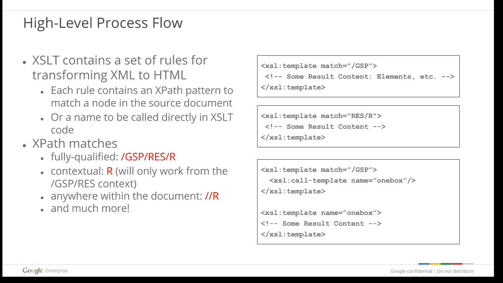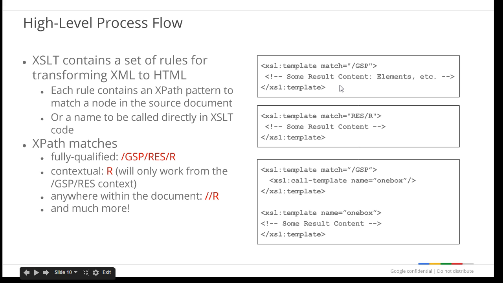XPath expressions can be fully qualified from the document root, they can be contextual, or they can use 2 slashes to search throughout the document for any nodes that match the expression. These can match node sets, individual nodes, values, or other expressions. In the first example, we're matching the root node of the document.